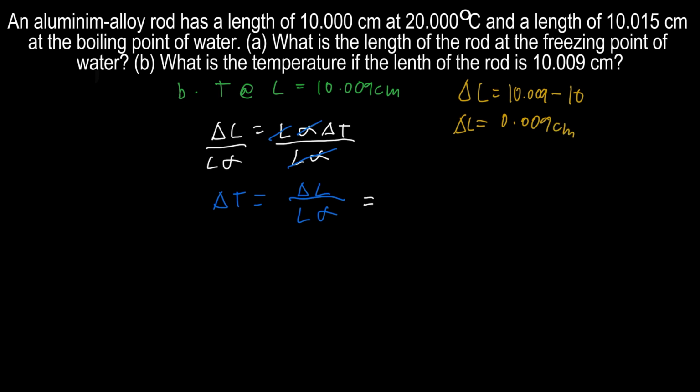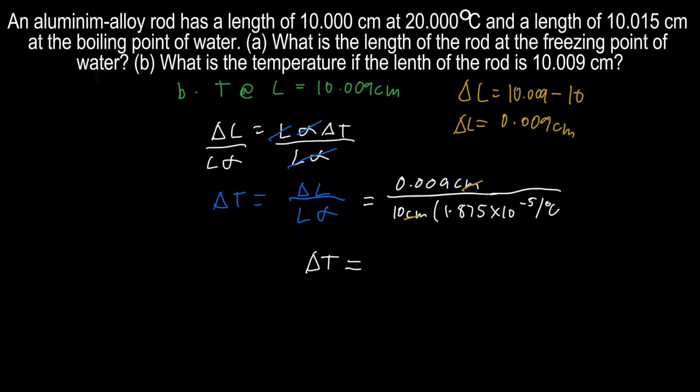So that would be the new value for the change in L. Change in T is 0.009 centimeters over the original length, which is 10 centimeters, multiplied by the alpha, 1.875 times 10 raised to negative 5 per degrees Celsius. Then let's cancel out centimeter and centimeter. Then using our calculator, we can get change in T is equal to 48 degrees Celsius.